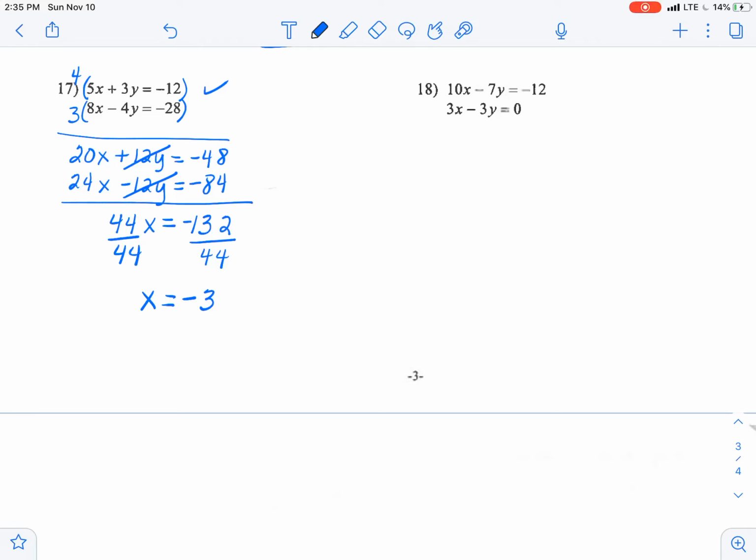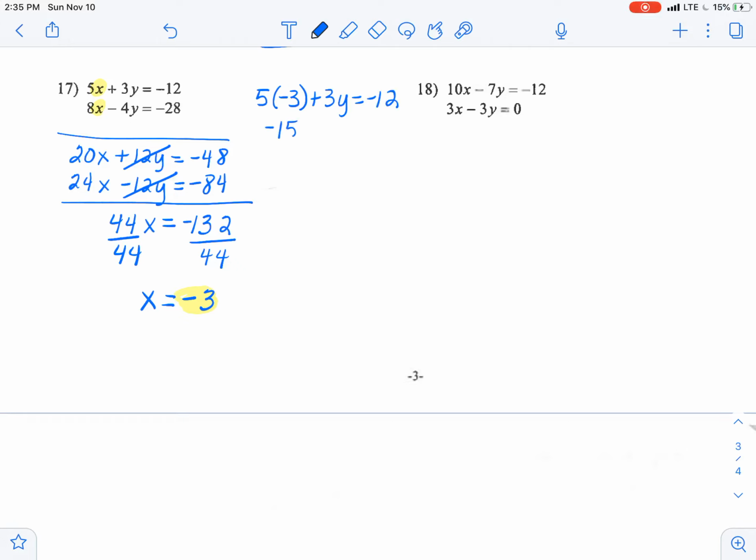Now, what do I do next? Well, I come back up to my original equations, okay, the originals, and I am going to put that negative 3 in for either the x here or the x here, and you can take your pick. I'm going to do it for the first one. So again, I just substituted that in.